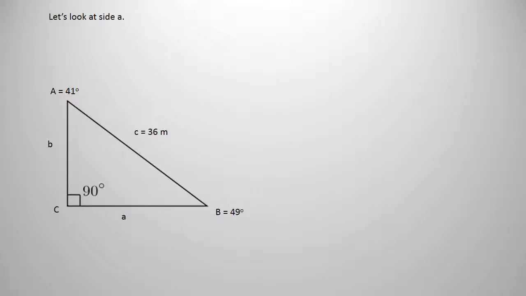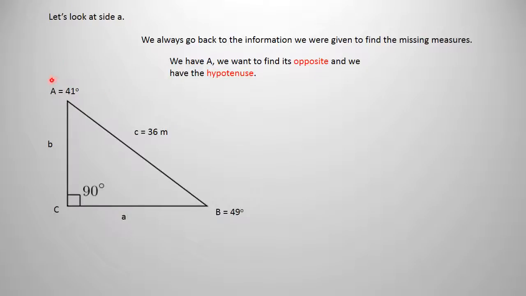Okay, let's look at side A. So we look at the information we have. Angle A is 41, and we want to find its opposite, and we know the hypotenuse. So we have to use the correct ratio.